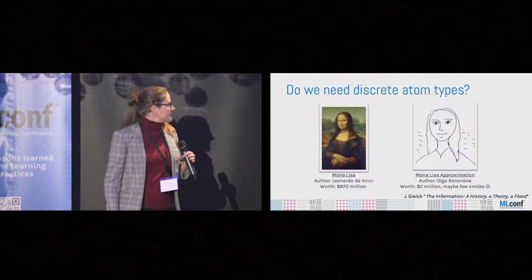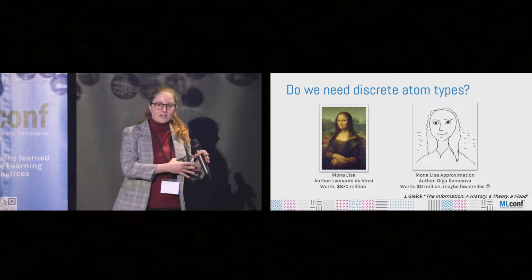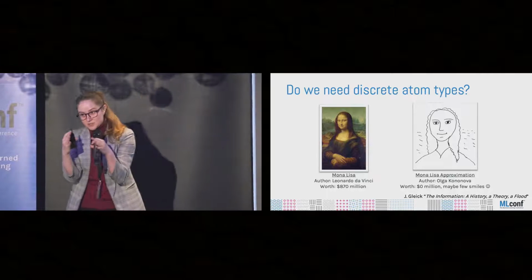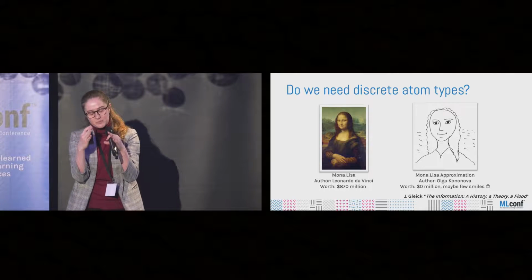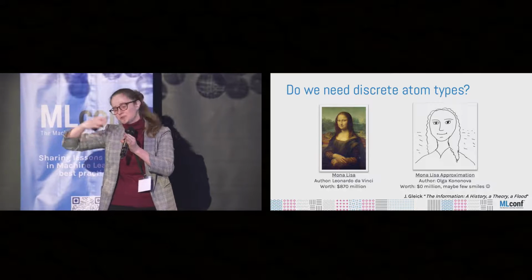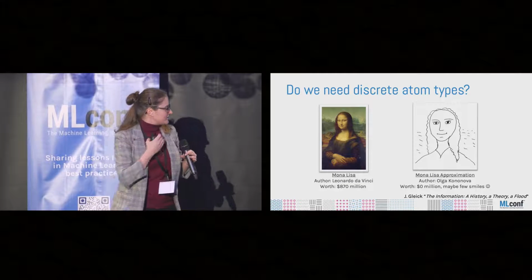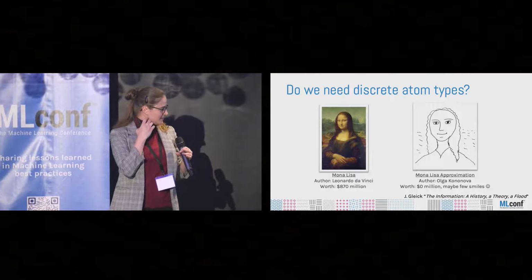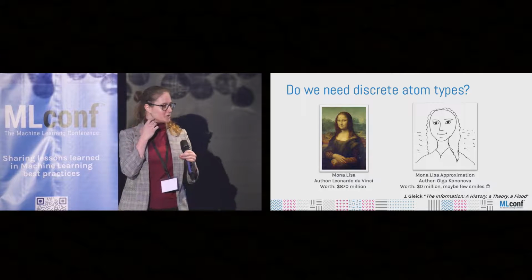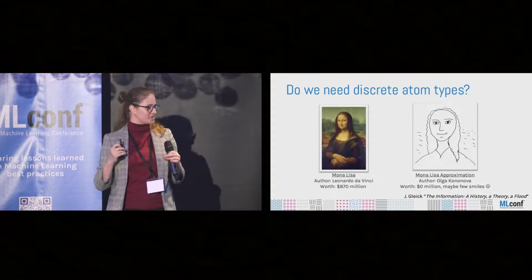So then the question is, do we really need these atom types? Do we really need to take our continuous chemical environment, squeeze it into the tabulated atom type environment, and then from there go back to the continuum environment? There is a very interesting observation that the masterpieces of painting are the ones which preserve most of the information.